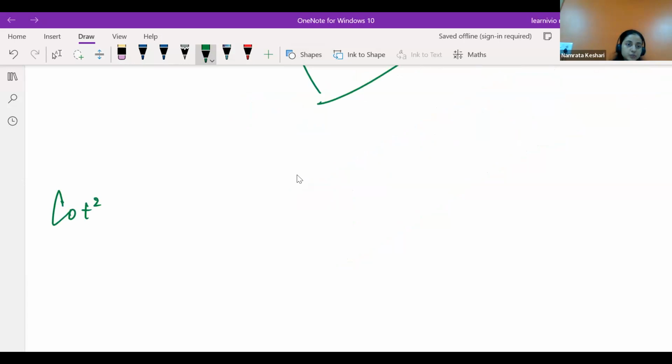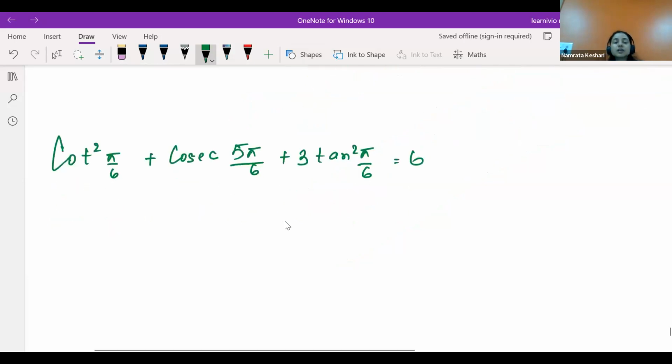What is sec square pi by 6 plus cosec 5 pi by 6 plus 3 tan square pi by 6 equals to 6. Let's check it. What is pi by 6? 6 in the denominator means 30 degree.